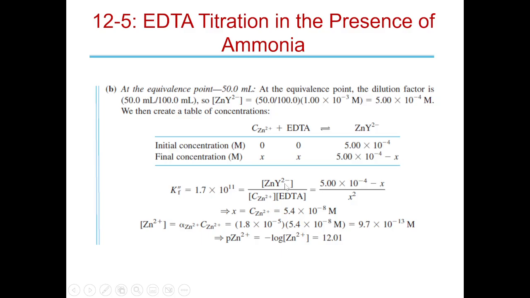In these cases, you can typically go ahead and assume that the X, you don't have to do the minus X here, and do the simplified version first, and then see what you get, okay? Remember, if it's a factor of 10,000 less than this number here, your assumption was good, right? Or if you have the formula set up to do a quadratic, you can do the quadratic if you want. Either way is fine.